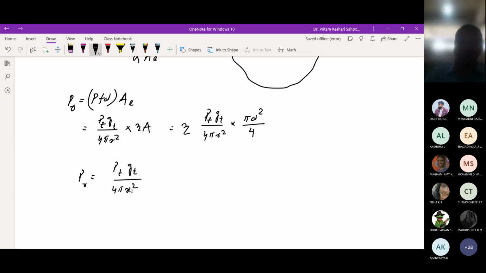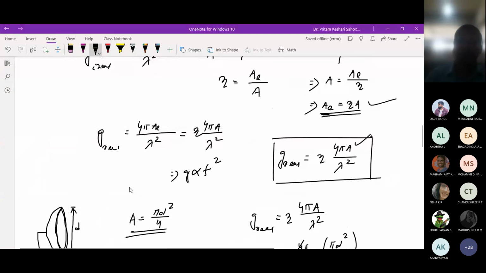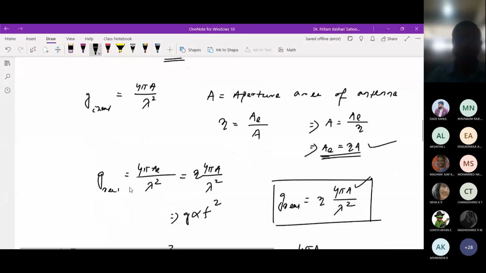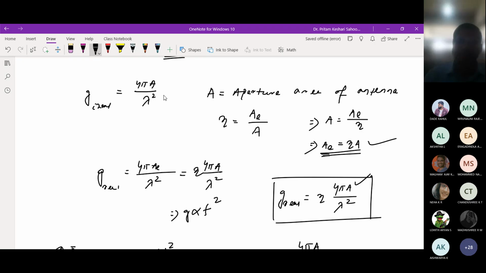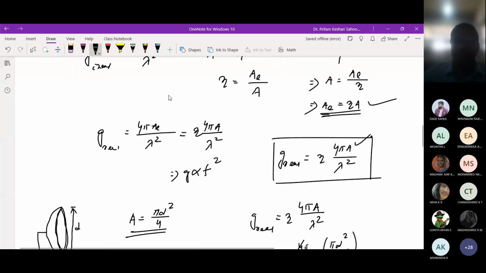The effective aperture of the antenna, AE, is equal to eta into A, and A is the physical aperture. So what can we write in place of A?